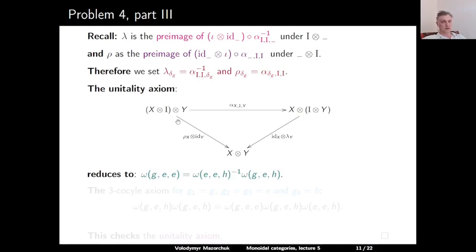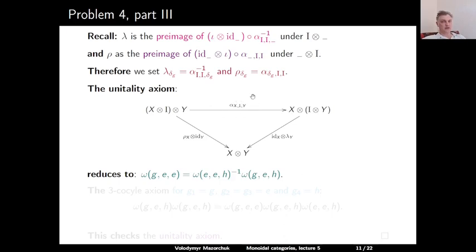So here for the path of length 1, we have the right uniter, so we have the associator for delta G, I, I, which has a factor which is omega evaluated at G, E, E. G is the degree of delta G and E is the degree of the identity object. This should be equal to the following product, which comes from the composition of paths. We have the composition of two arrows here.